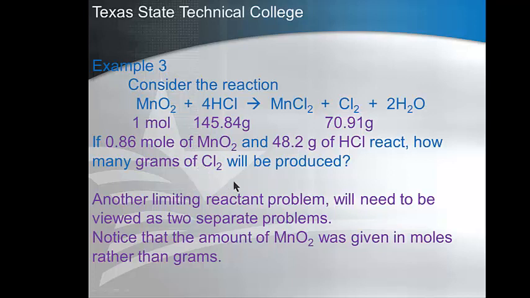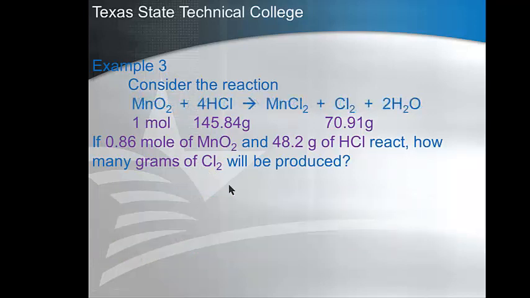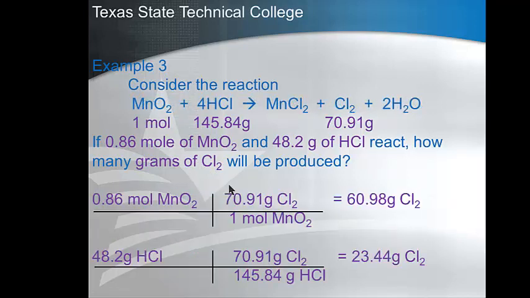We then solve both problems. The given amount from the word problem and the conversion factor, once again, from the balanced equation. Notice again that the matching units are placed diagonal to each other, so they will cancel.